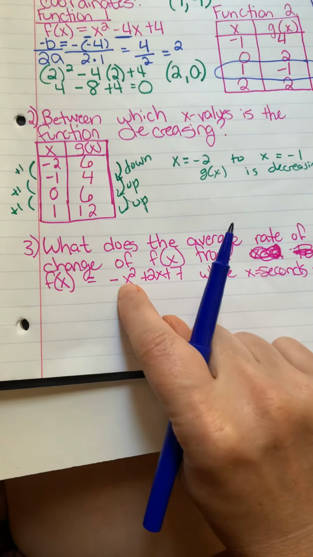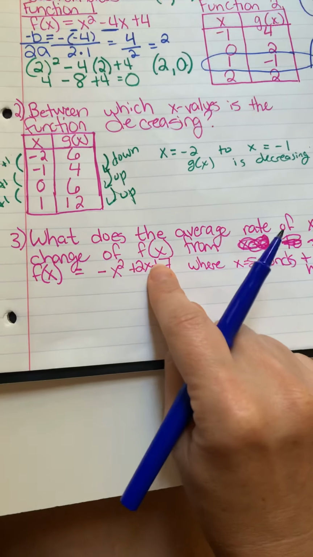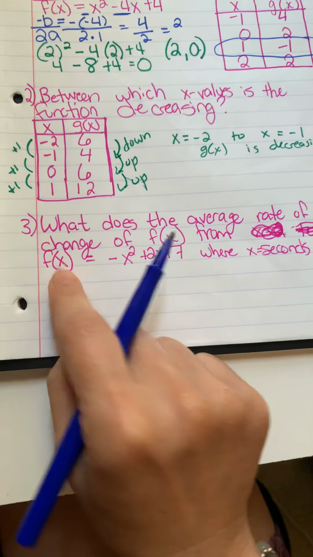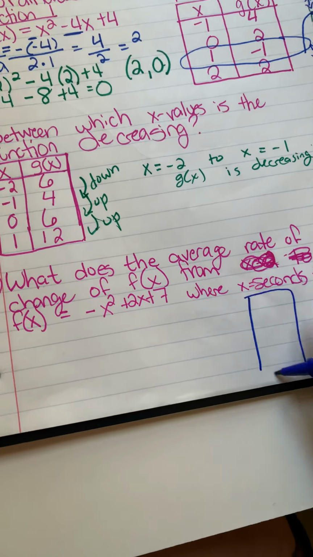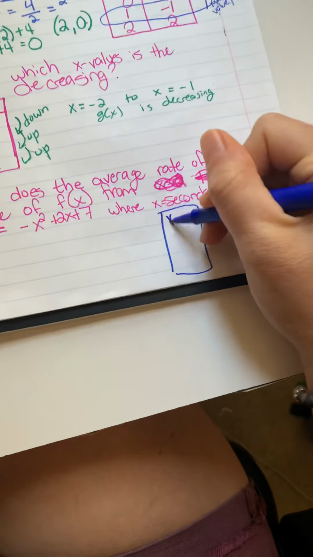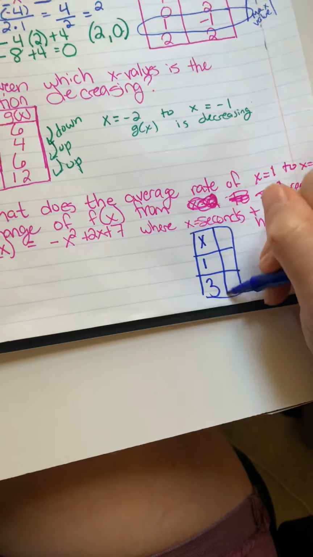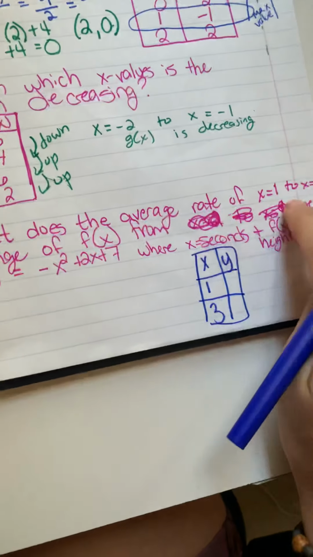All right, so I'm going to take this equation and plug in x equals 1 and solve for y. Then I'm going to plug in x equals 3 and solve for y. Let's just do a little when x is 1 and when x is 3. I'm going to find y. You know how I like my function tables.